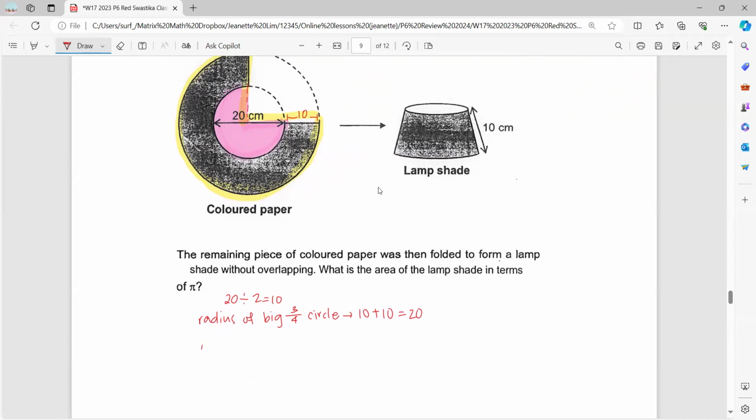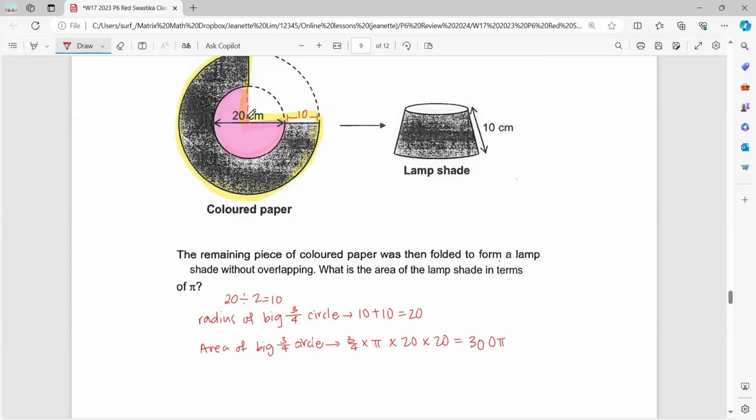So the area of the big 3/4 circle is 3/4 times, in terms of pi, you use the symbol pi, times radius times radius. 20 times 20 is 400. 3/4 of 400 is 300. So 300 pi.